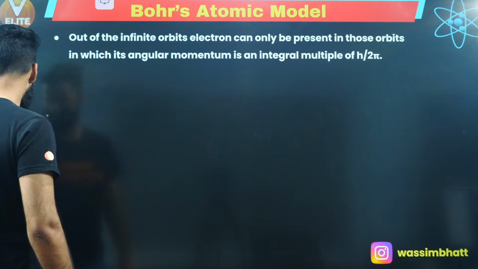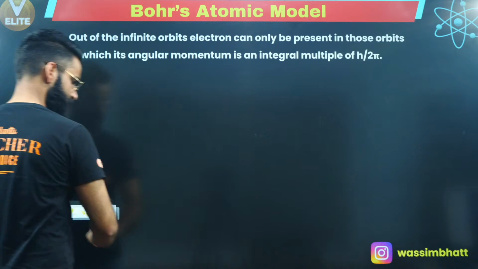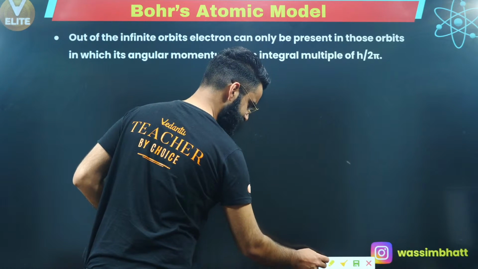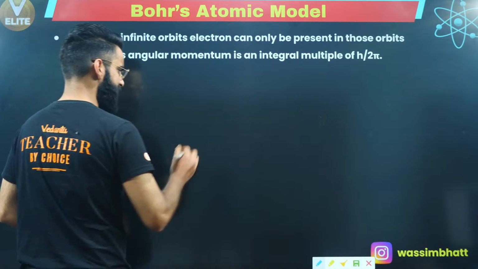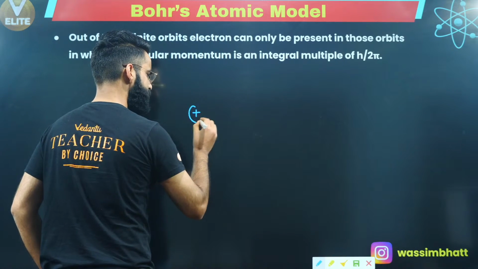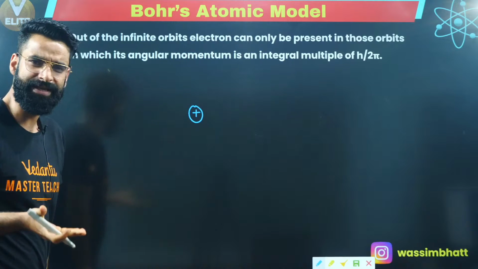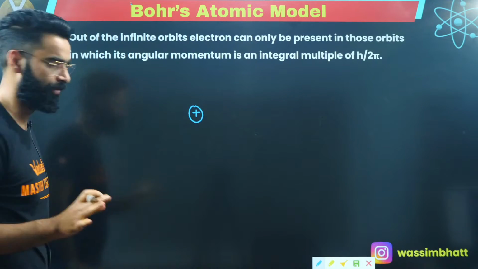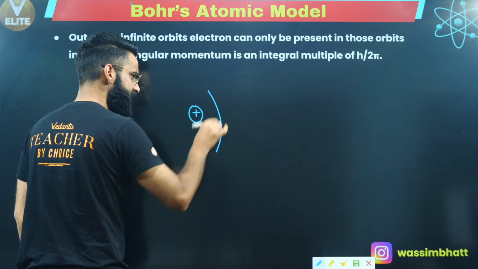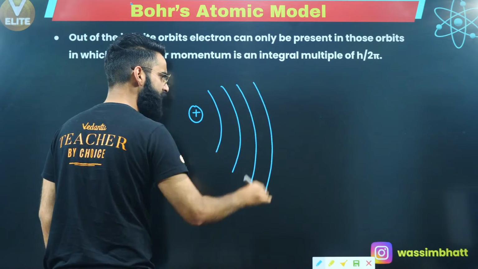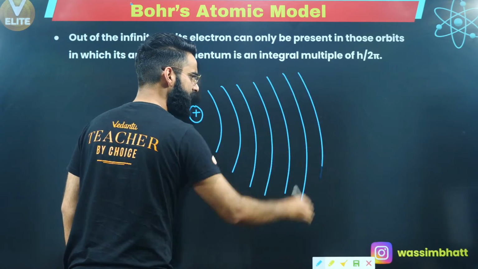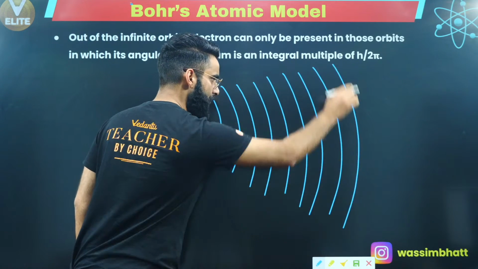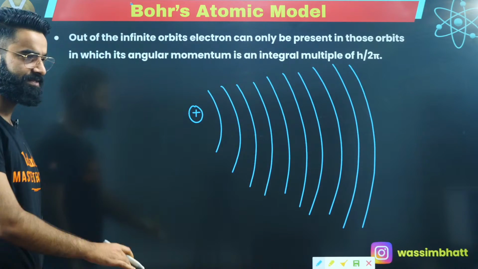What does it mean exactly? Have a look. See guys, for example, this is the nucleus of the atom, right? Around the nucleus, there will be infinite shells, infinite orbits as per Bohr, okay? Like this.